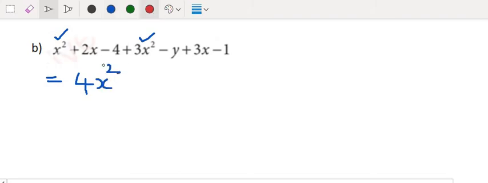And we can see the like terms of x, that is 2x and 3x. Both are positive values, so 2 plus 3 gives us 5x. And the y term is only one term. We don't have any other like terms of y, so we just write minus y here.